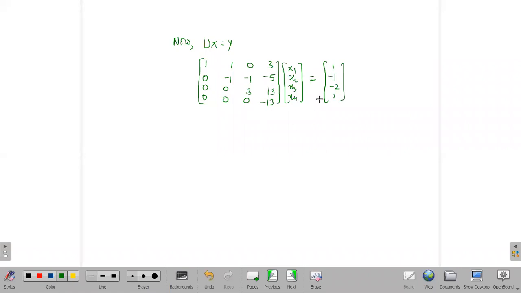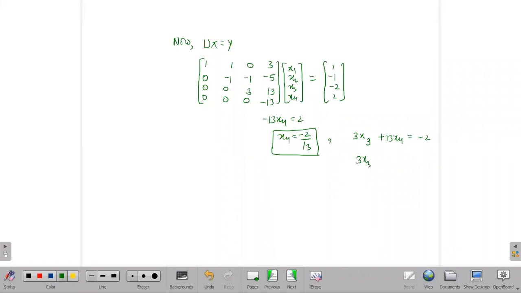So find using backward substitution now. So -13 x4 will be 2. So then x4 will be -2 by 13. So that will be your last value. And from the second last row, it will give you 3x3 plus 13x4, which is equal to -2.